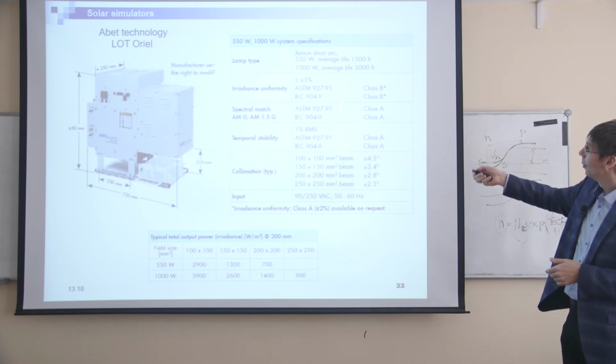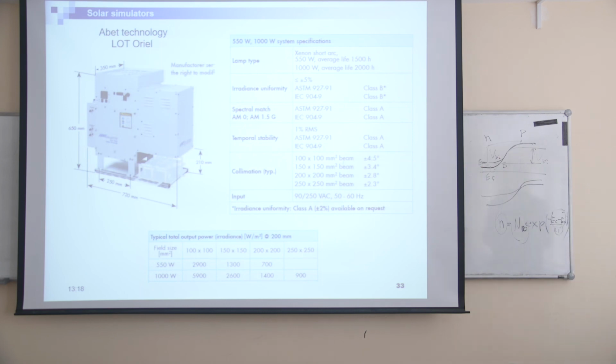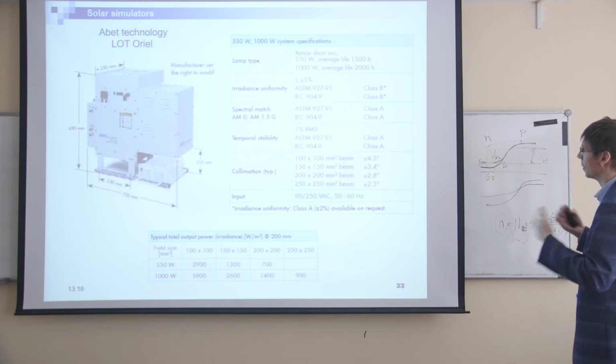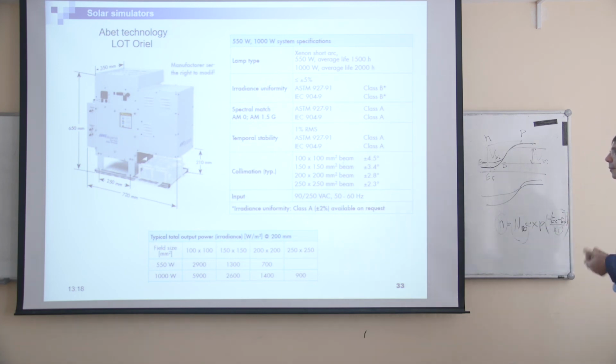But for uniformity it's not so easy. Actually this means that it's available and required, so if you pay you can get everything, but it's more expensive.